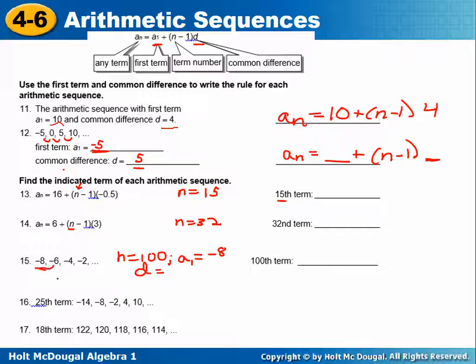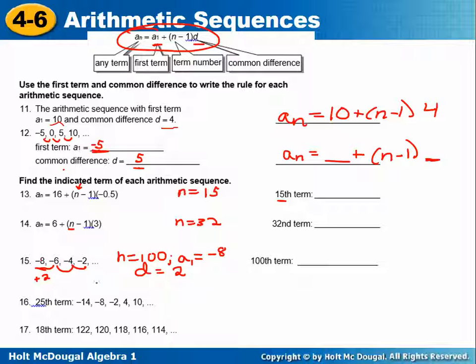We go from -8 to -6, and then from -6 to -4, and -4 to -2. It's increasing. The numbers are getting bigger each time, and they are increasing by 2. So I'm going up by 2 each time. So that means my common difference is 2. So you would take those and plug them into this formula, and then you'll simplify and solve and see what you get.